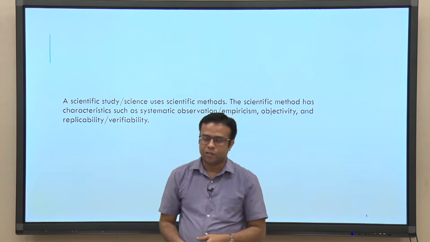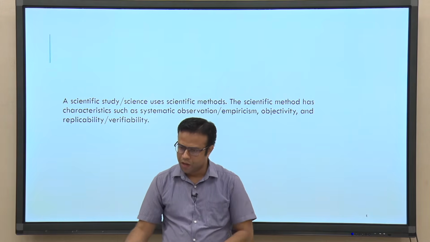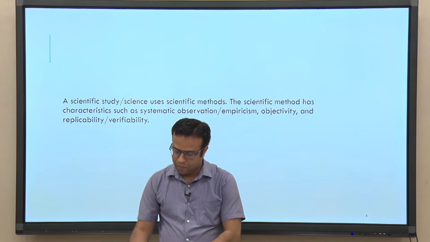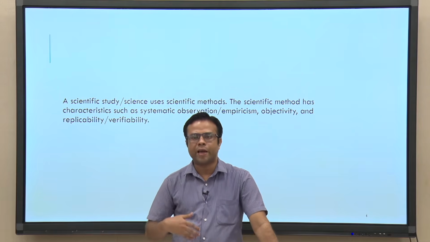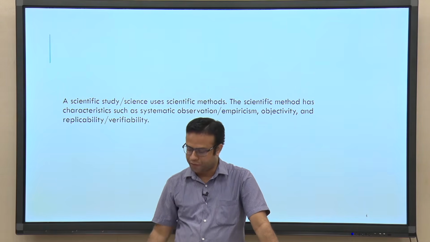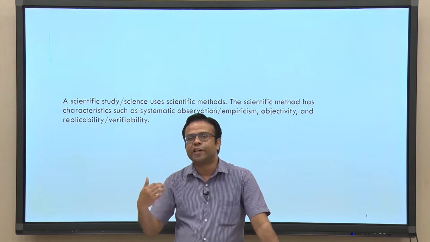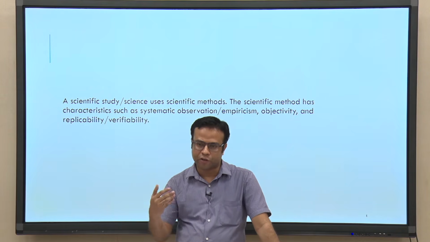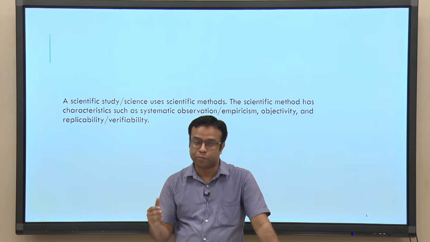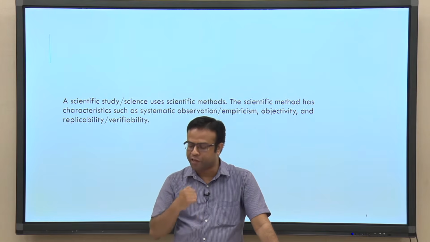Another important characteristic of science is objectivity. Now, we all have many biases within us, and those biases may create an obstacle while seeking information or knowledge in any area of discipline, because I may personally think some information or some ideas as right which may not be right, simply because I personally think so, which is my subjective interpretation.